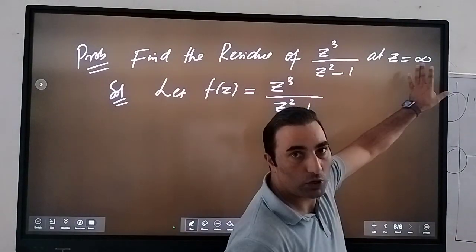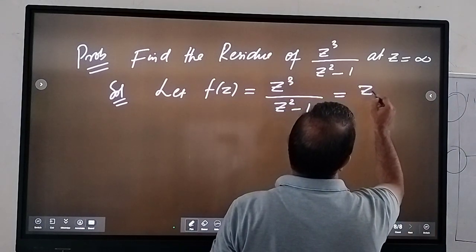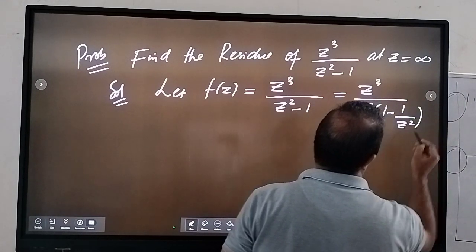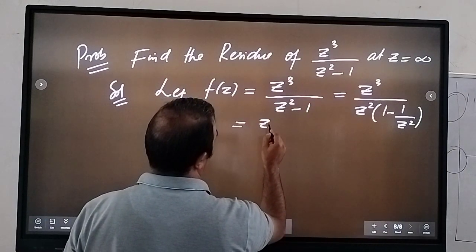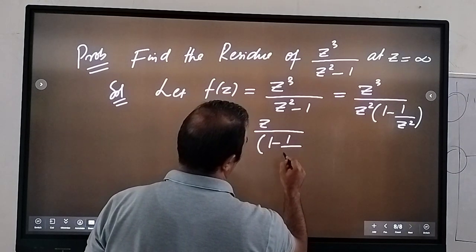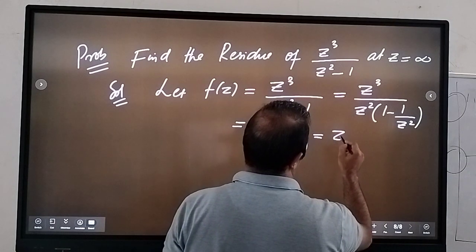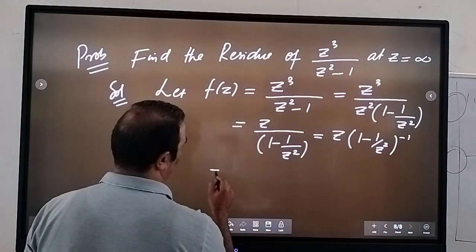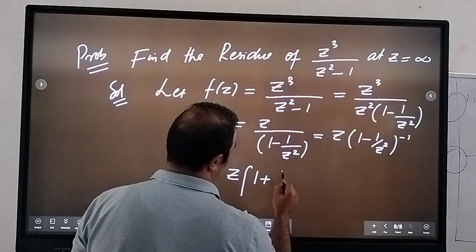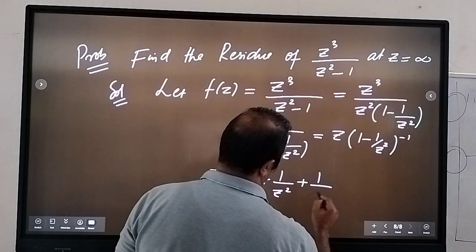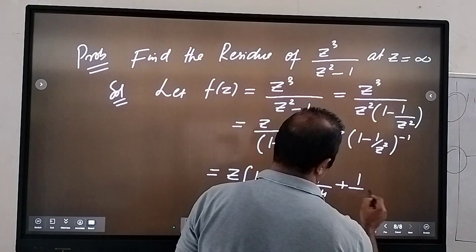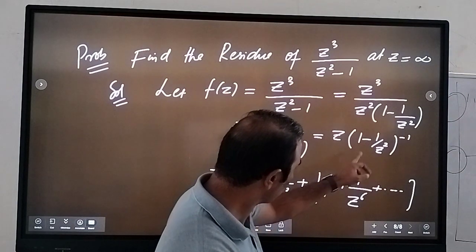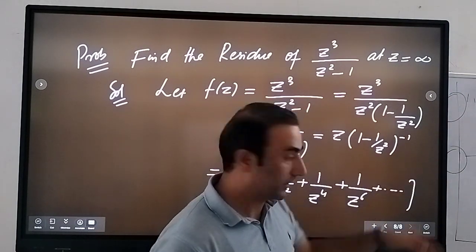And because we need to find the residue at z equal to infinity, I can rewrite this, right? I can also write it this way because you can use the Taylor series expansion: 1 minus t raised to the power minus 1 is the sum of t raised to the power n, or you can expand it this way.